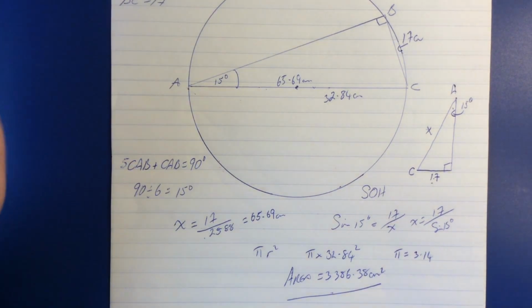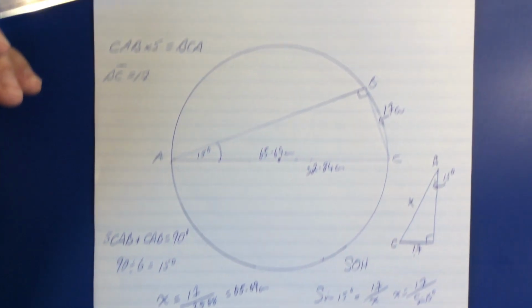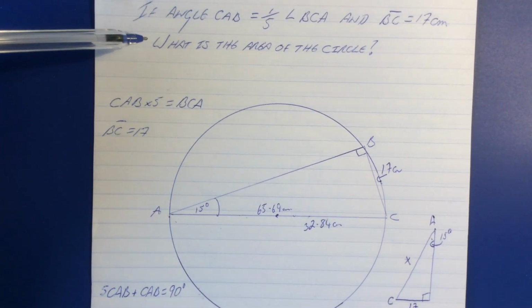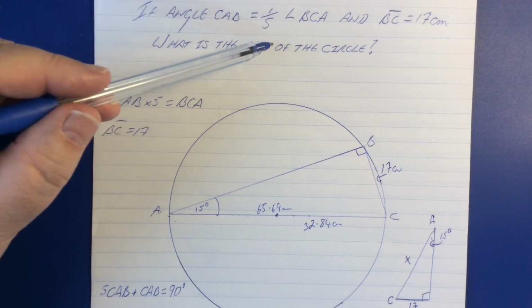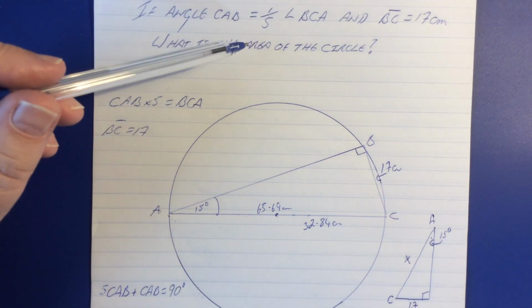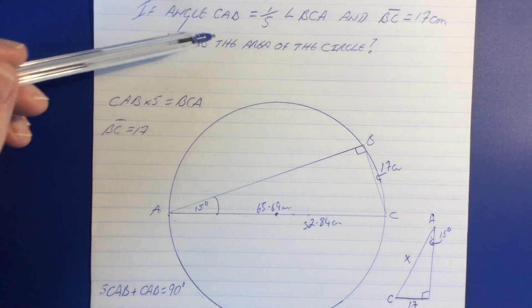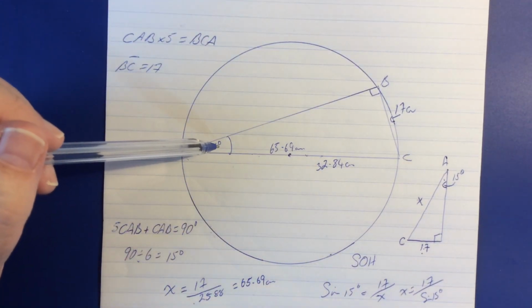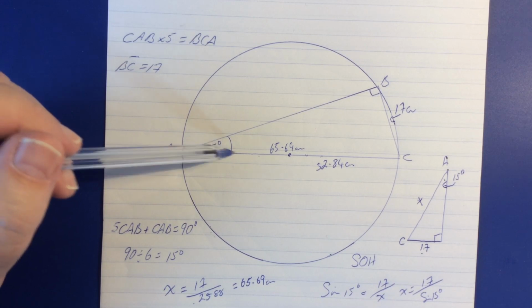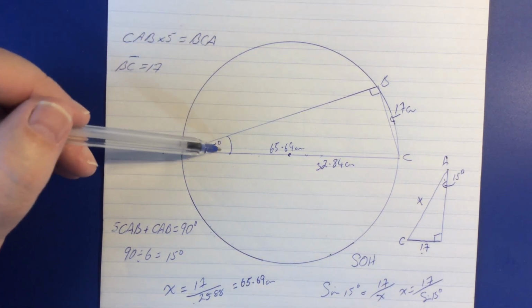So let's just go over this. The first thing that we really need to take note of is what it is we're looking for, the area of a circle. For that, we're going to need a radius. How do we find a radius? Well, we're given some information about this triangle in here. And we can use the information that we're given to work out this angle.